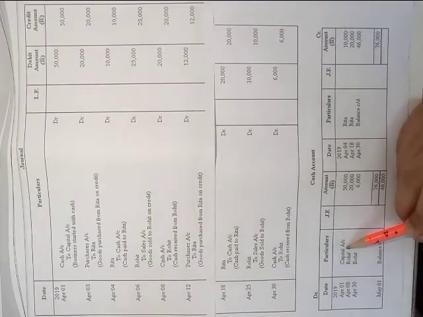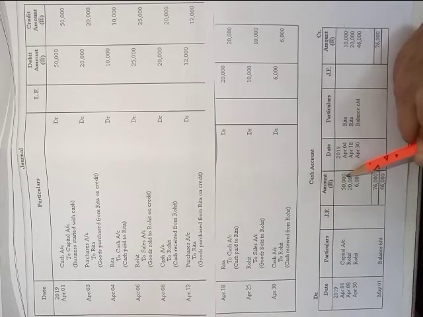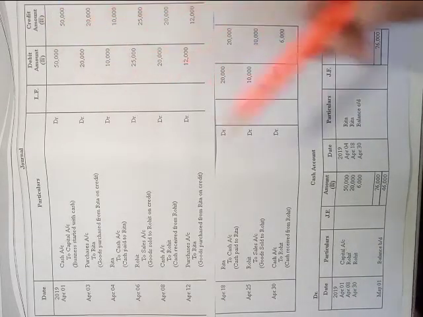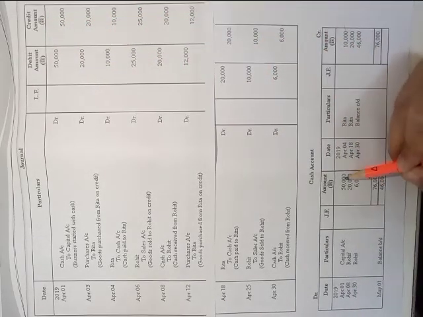We have written here capital account, and the amount written in front of the cash account is 50,000.